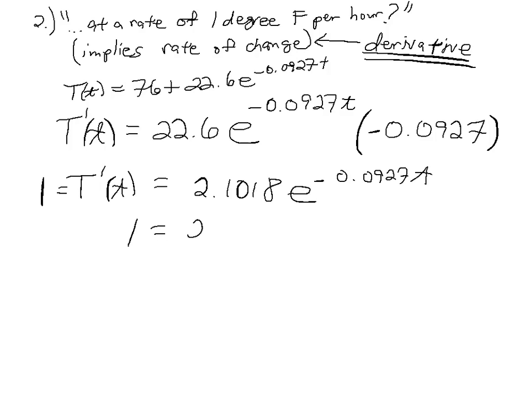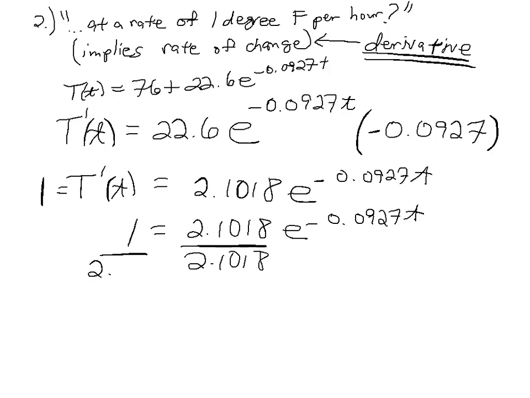So we have 1 equals this expression on the right hand side, so we divide by that, and we get this number here, 0.0927t.